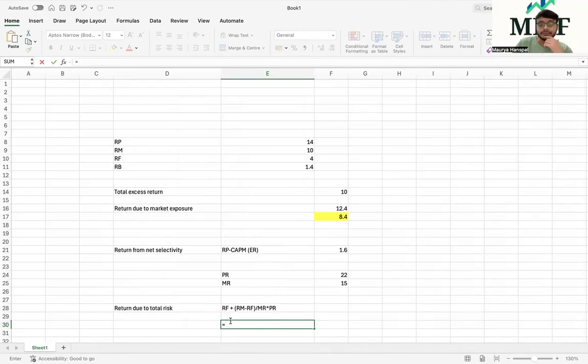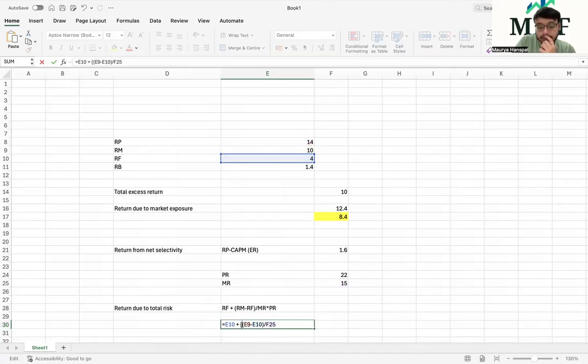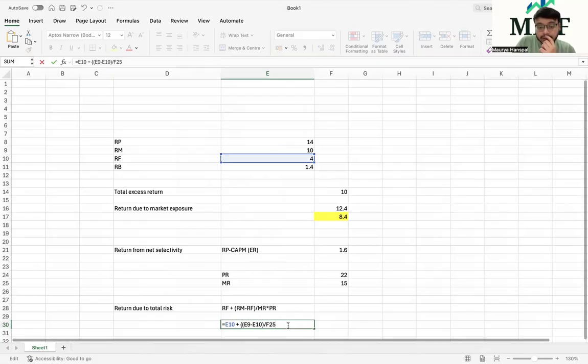How much is RF? 4%, plus RM - RF. I'll divide this number by how much? By 15. ठीक है, I can just simply put it into brackets.